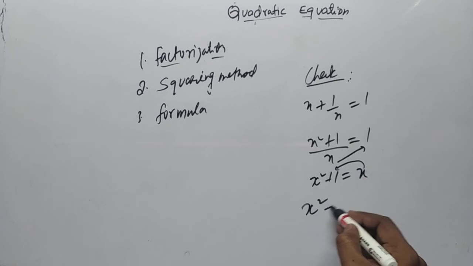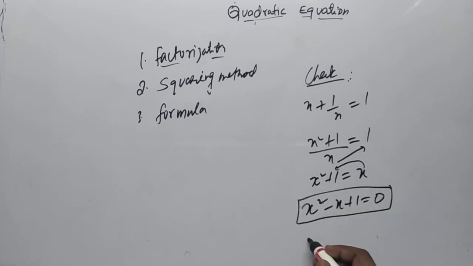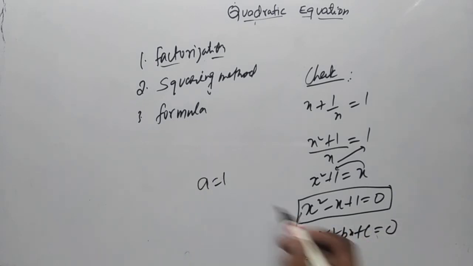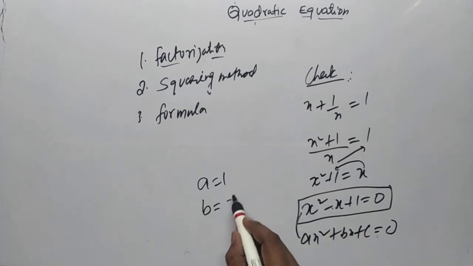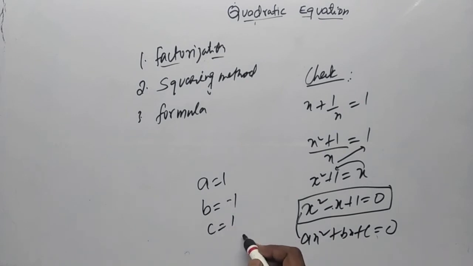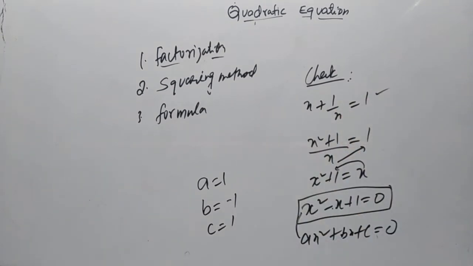We will get x square minus x plus 1 is equal to 0. This is in the form of ax square plus bx plus c is equal to 0, where the a value is 1, the b value is minus 1, you have to include the sign, and the c value is 1. These 3 are real numbers, and this is of degree 2. This is an example of a quadratic equation.